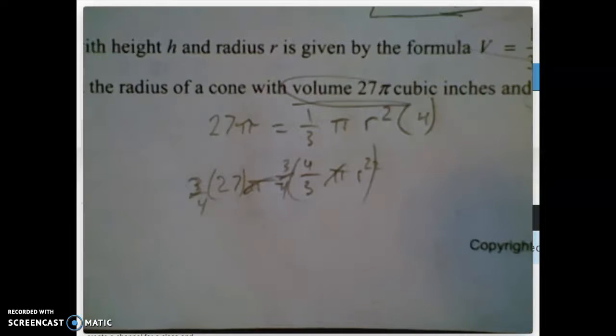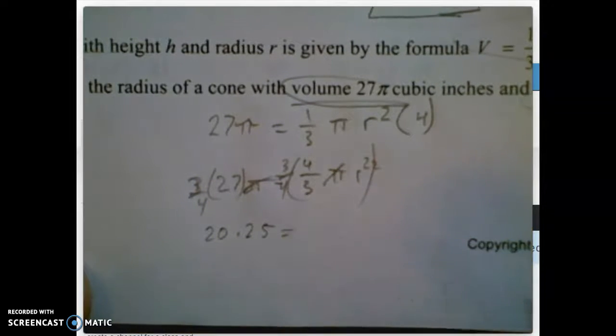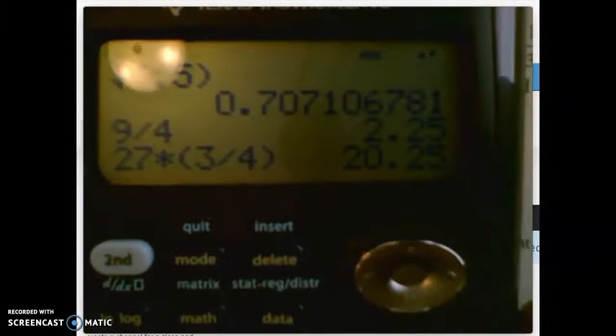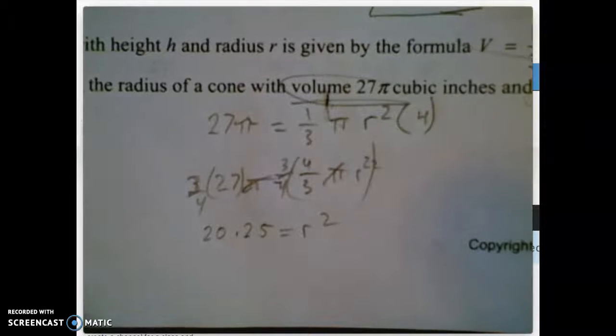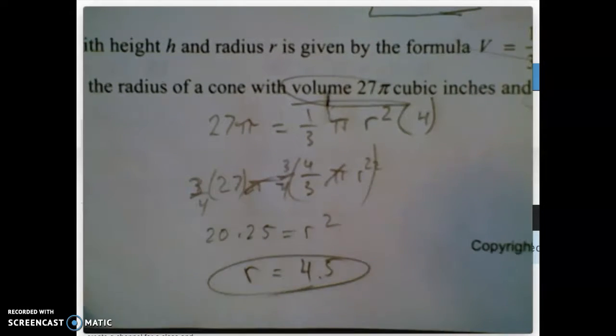When I do that, 27 times 3/4, I get 20.25 equals r squared. That's what I did in my calculator, 27 times 3/4. Take the square root, and r equals 4.5.